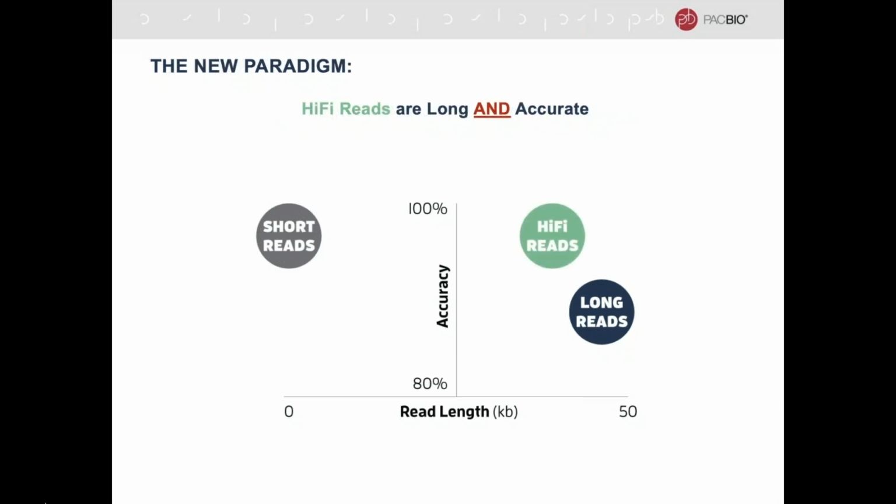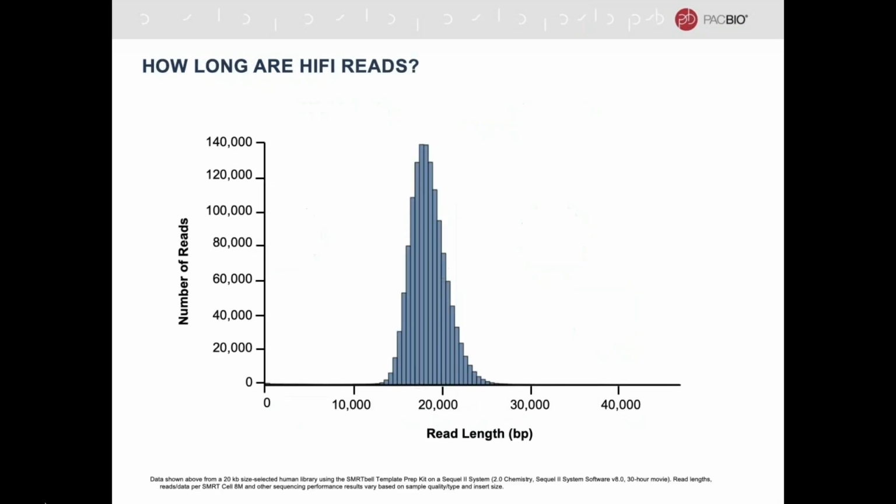Well, with PacBio and our long insert highly accurate reads, we're able to provide a new paradigm to you where we can provide both really long reads that are highly accurate. So you don't have to pick between short and accurate and long and less accurate. We now have one data type for you.